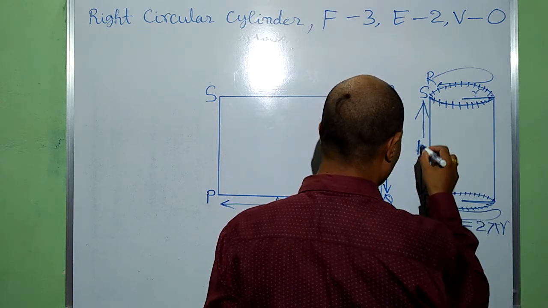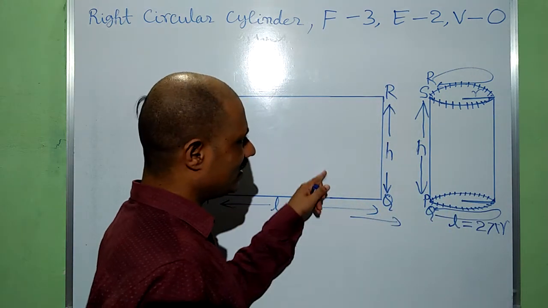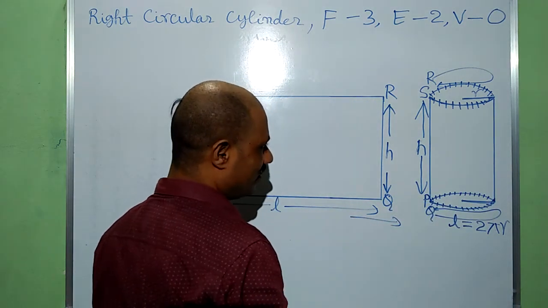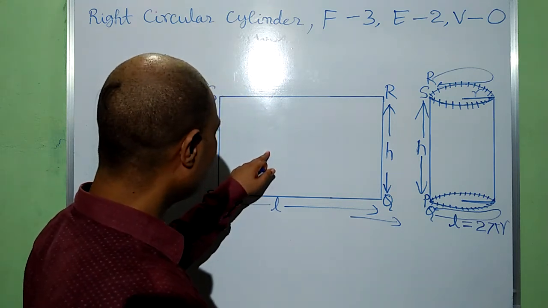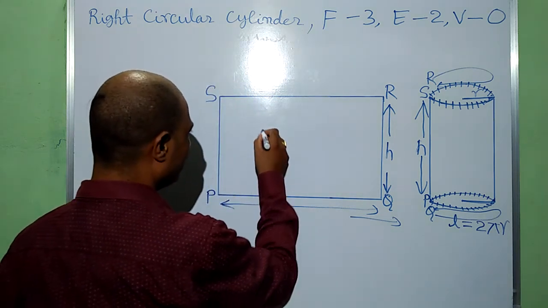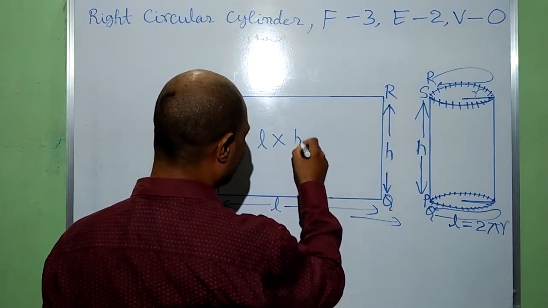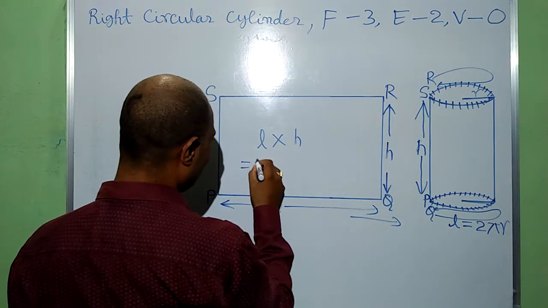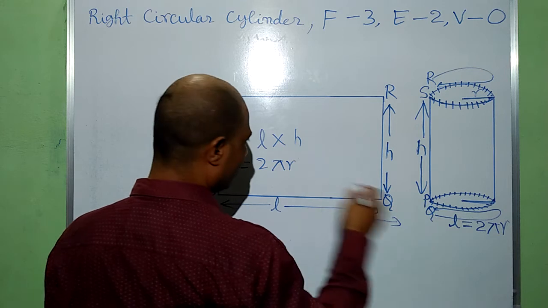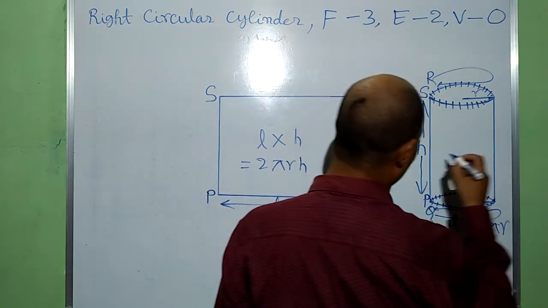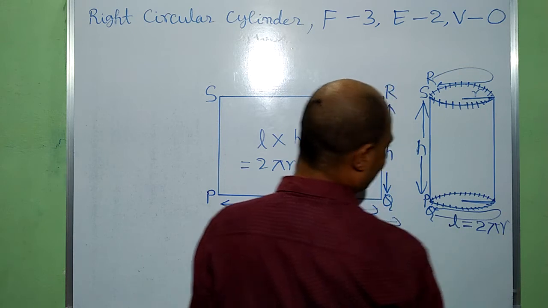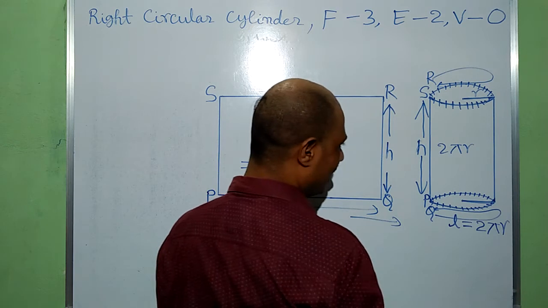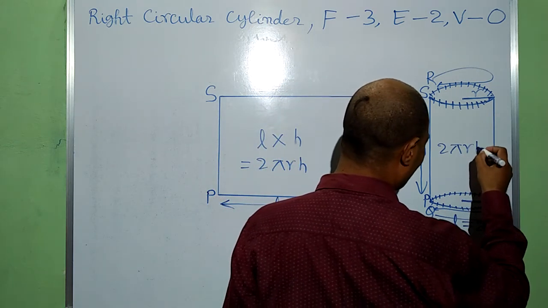Now, this rectangular sheet gives us here curved surface that will be calculated as we know its area will be L into h, and here L is 2 pi r. It will be 2 pi r into h. In this way, curved surface area of this cylinder is 2 pi r, that is length, into its height, 2 pi r h.